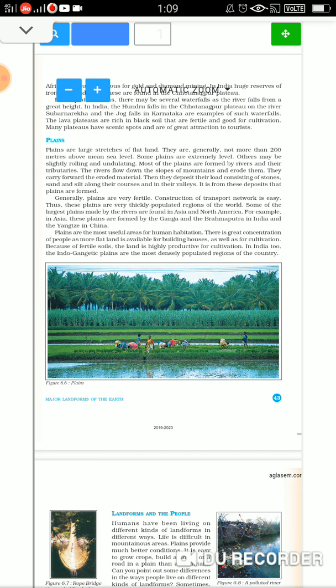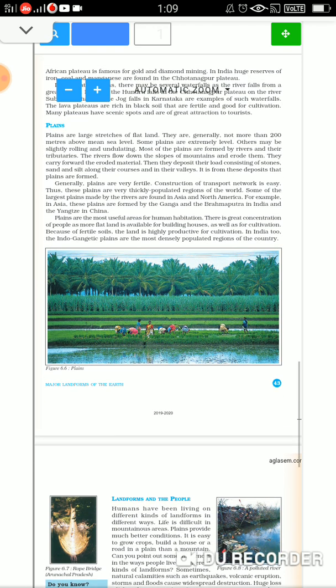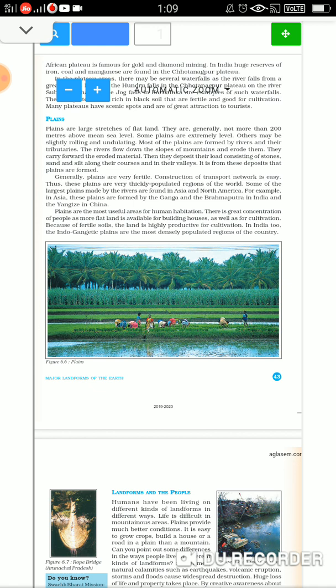Fine. Then most of the plains are formed by the rivers. Rivers or their tributaries make these plain areas. Rivers flowing down the slopes of mountains erode so many things. The eroded material is deposited at a side, and slowly and gradually these plains are made.